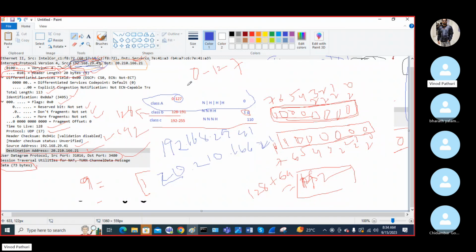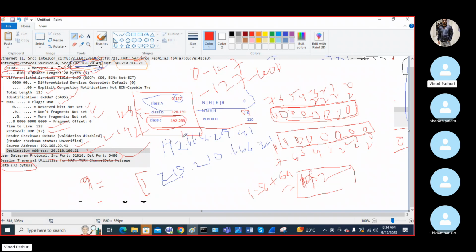We cannot assign that IP to our system. So there are some reserved categories also. 127 is reserved for loopback. In the same way, in class C, we will never use until 255.